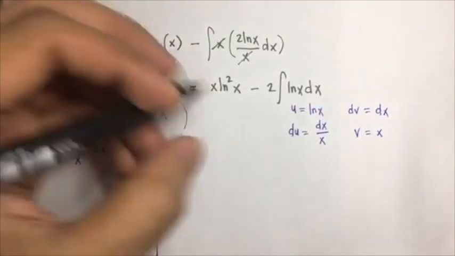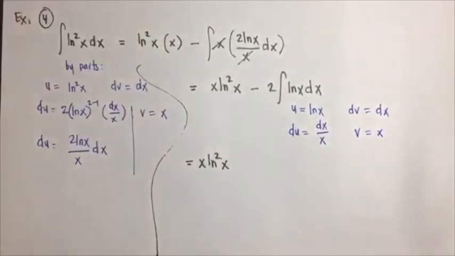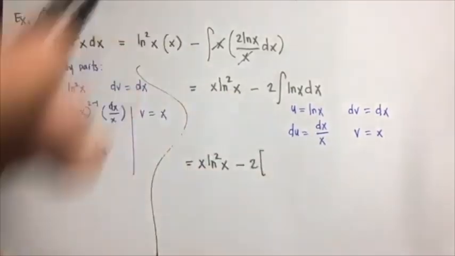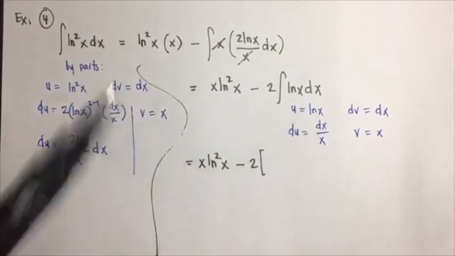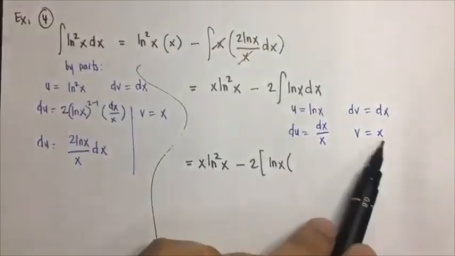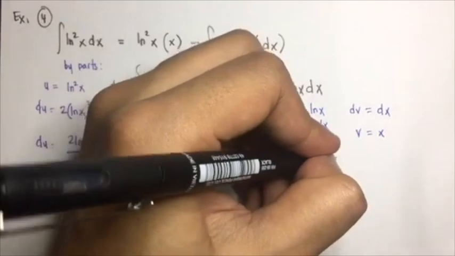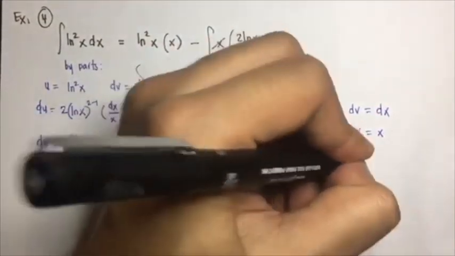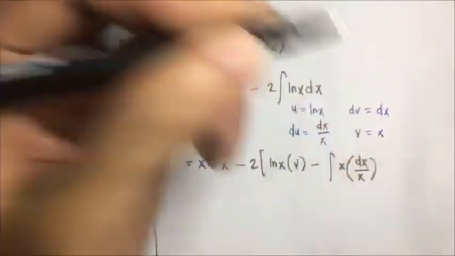Continuing, we have x ln squared of x minus 2 times the integral of ln x dx, which is uv, so our u is ln of x, our v is x, minus the integral of v du, so x times dx over x.